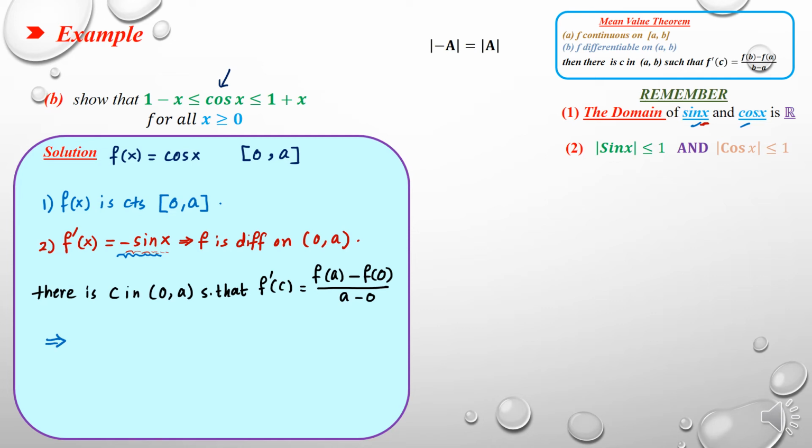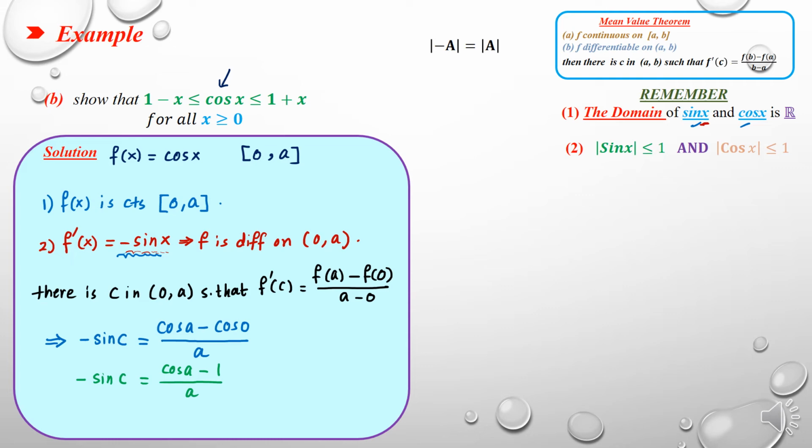So f prime of c is negative sine c, equal to f of a, which is cosine a, minus f of 0, which is cosine 0, divided by a minus 0, which is a. So we have minus sine c equals cosine a minus cosine 0, which is 1, divided by a.